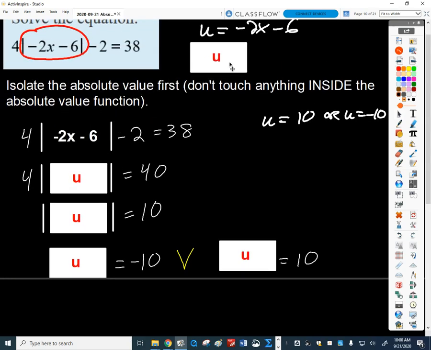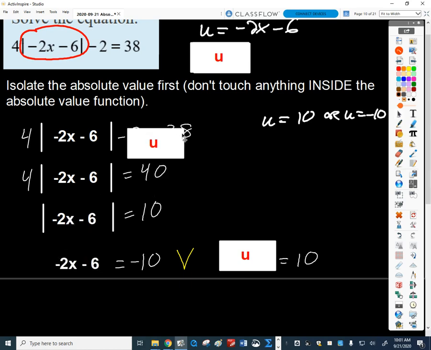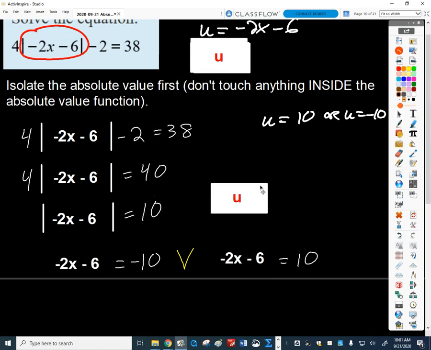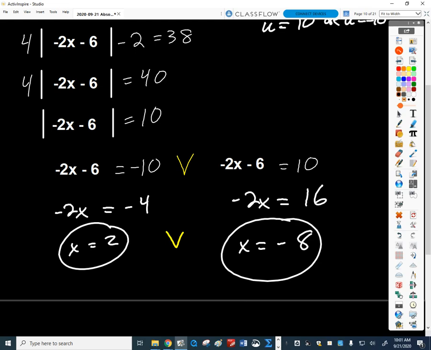Now let's go ahead and get rid of these. We just haven't really focused on what's inside, but once we isolate the absolute value, whatever is inside is either going to be set equal to negative 10 or positive 10, and then we just solve those 2 equations individually, right? No big deal.